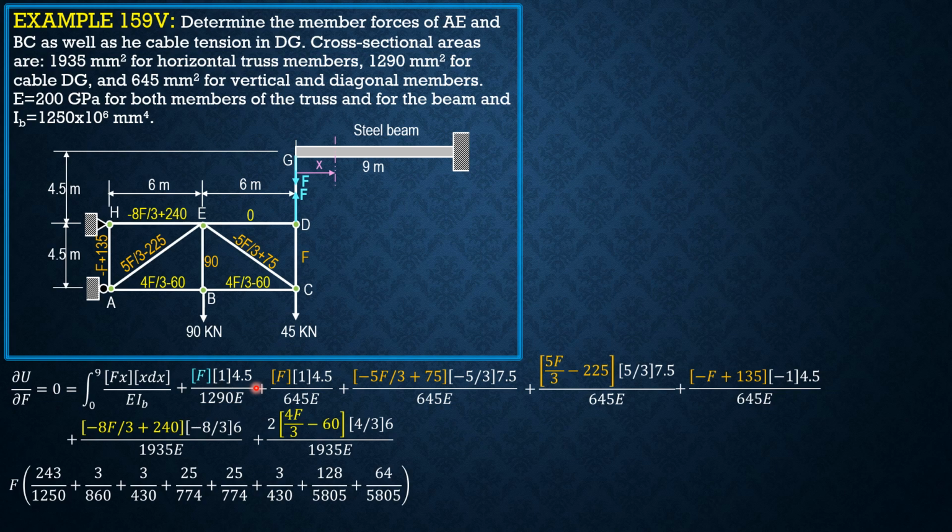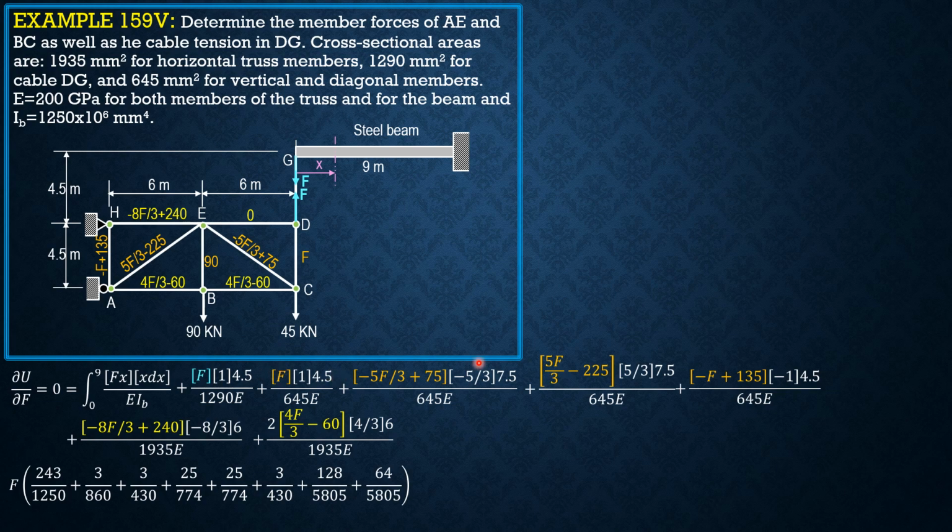So that's why you have 3 over 860, this one. It is at least just this one multiplied by 1000 square over I of beam, because supposedly this is multiplied by 1000 to the fourth, then all these succeeding terms are multiplied by 1000 square.